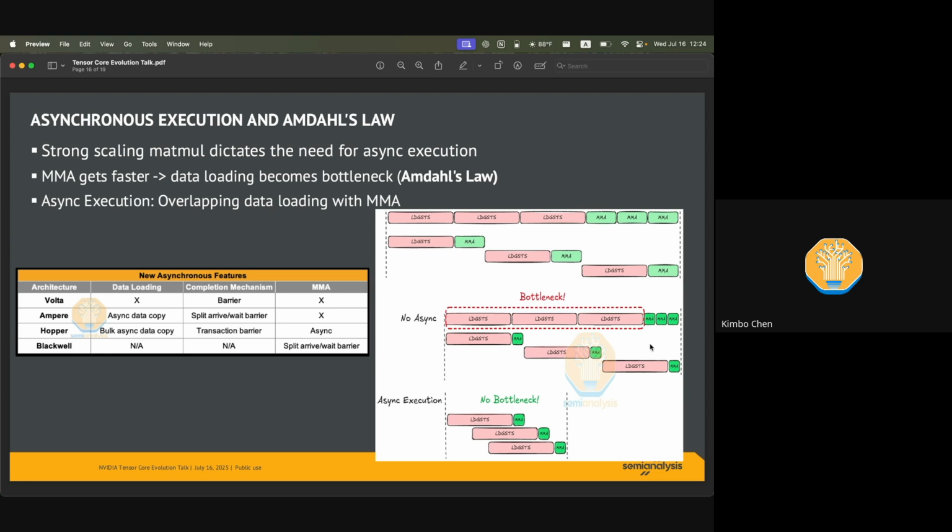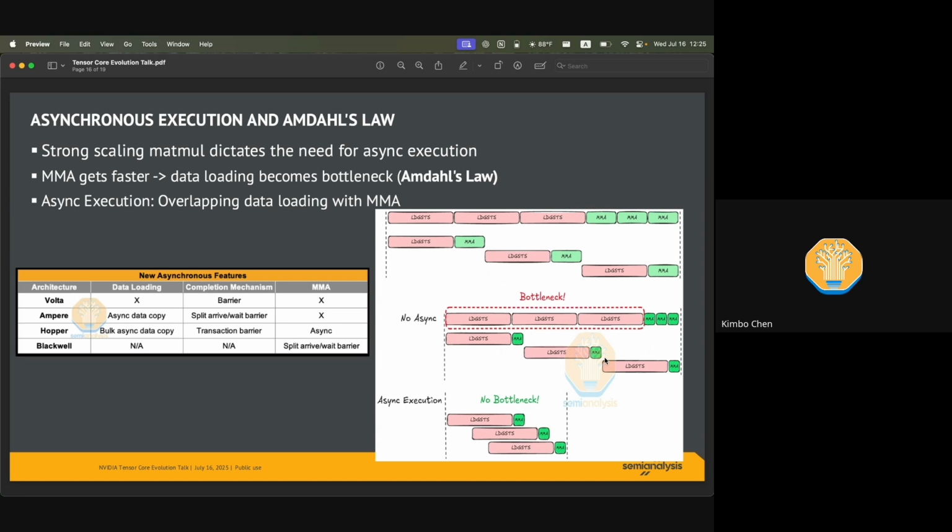And this is quantitatively described by Amdahl's law. Please look it up; there are formulas for it. But the idea is that strong scaling specific components would make other things the bottleneck, no matter how fast you scale specific components.